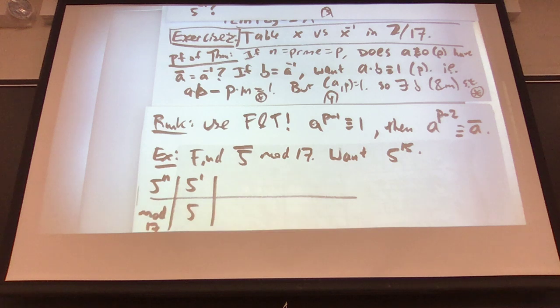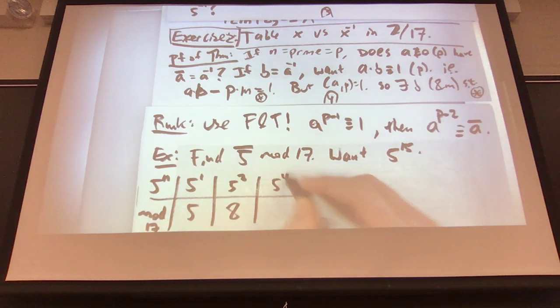So 5 is 5. 5 squared is 8. 25 is 8 mod 17. 5 to the 4th is 8 squared, 64 mod 17. Oh, geez, 51 leaves 15.